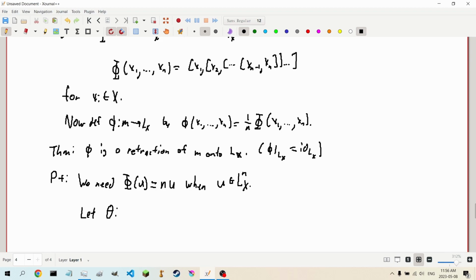We're going to let theta be the map from the free associative algebra of X to the algebra of endomorphisms of the free Lie algebra on X, be the algebra homomorphism extending the adjoint function on the free Lie algebra.